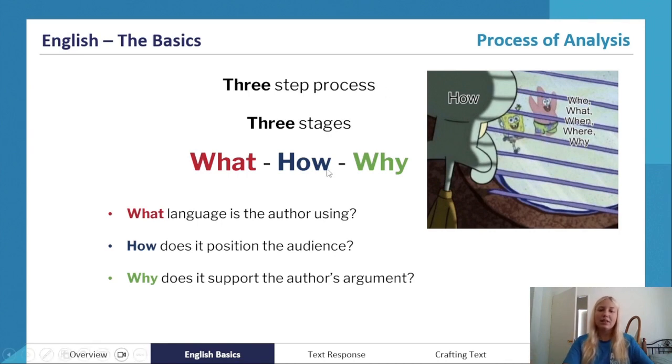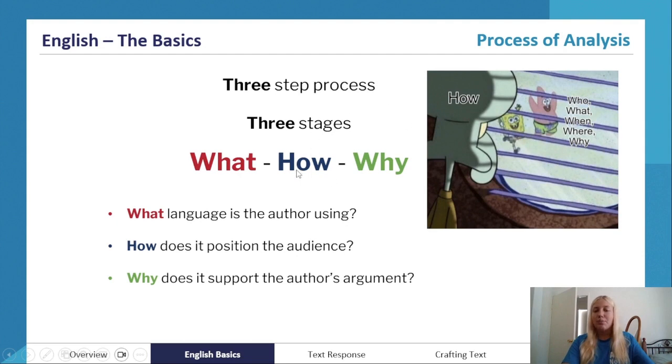Now, when completing this process in your body paragraphs, obviously, when you analyze a persuasive language technique, you have choices of either just analyzing the intended effect, the how, or just analyzing the author's argument, how it enhances it, the why, okay?